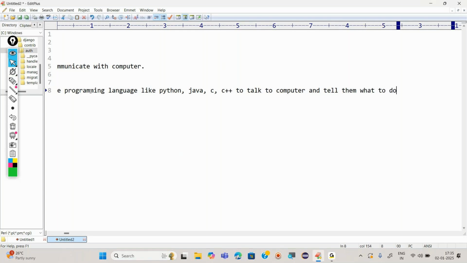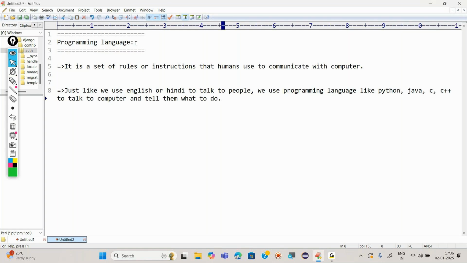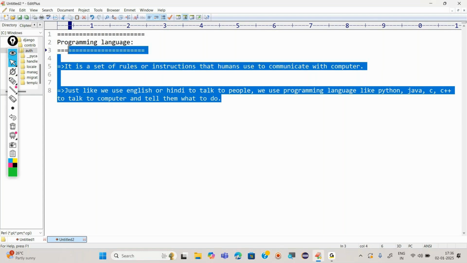See, I could have started directly with Python as well, but I have chosen this because some people know how to write code, some people know how to use the code, but they don't know what a programming language is. Sometimes in interviews the interviewer asks, what is a programming language?